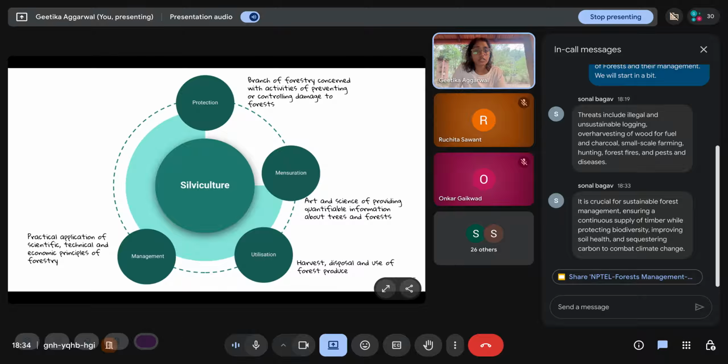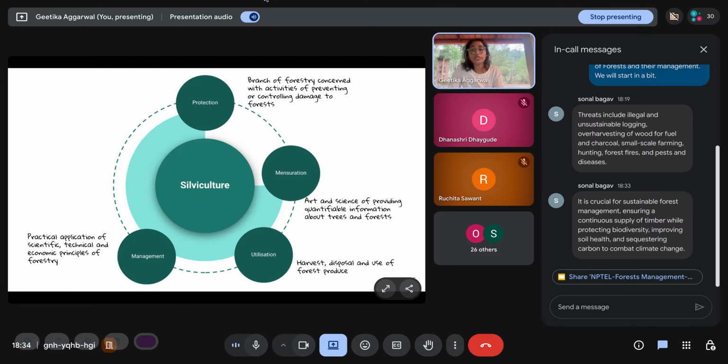Are you talking about silviculture in your answer, that it's crucial for sustainable management? Okay, anyway, yeah, if you're talking about silviculture for being crucial for forest management and ensuring a supply of timber while protecting biodiversity, then you're correct.